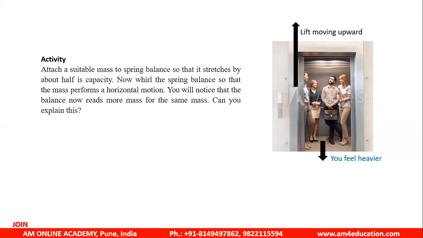You will notice that the balance now reads more mass for the same mass. Means the mass was 1 kg, now the reading will be more in the spring balance. Now can you explain this?